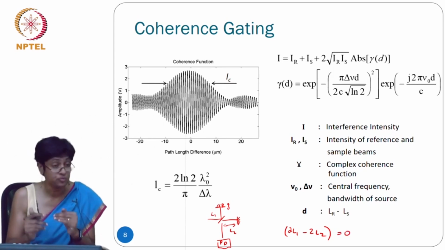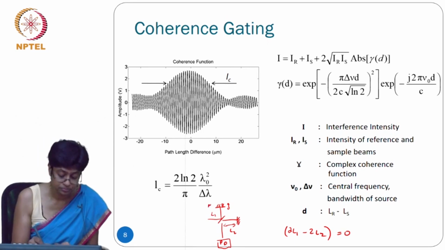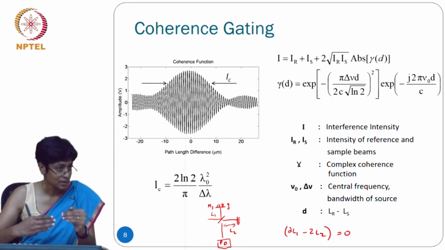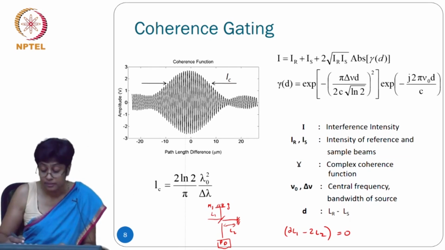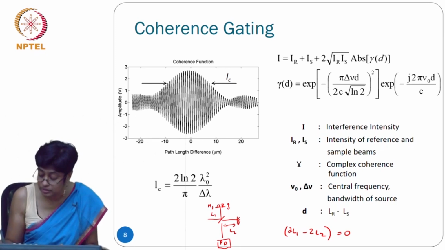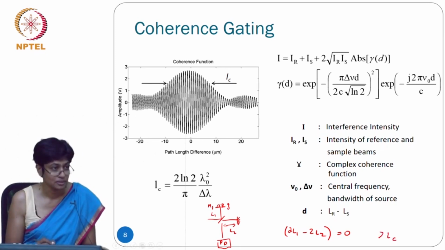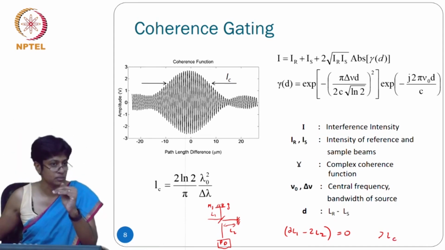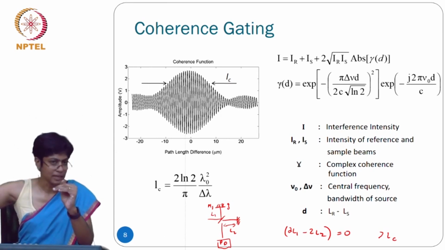Now I move mirror M1. It's vibrating at a certain frequency. If it moves such that this difference L1 becomes greater than the coherence length, my intensity, which was a high, will become a 0. And then the mirror moves back again and it's a high.